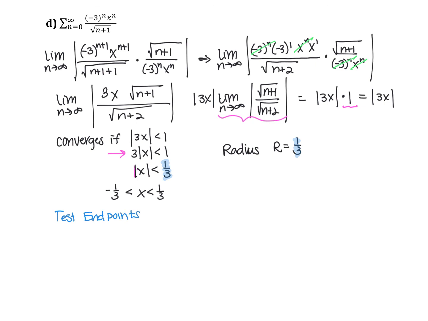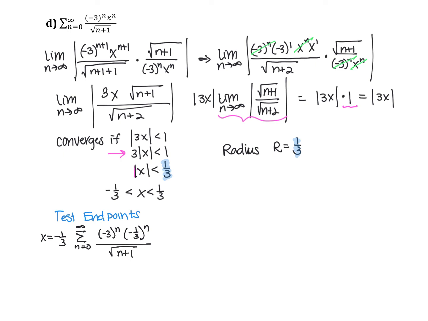So what I'm going to do is I'm going to plug in each of the x values. x equals negative 1/3 into my original problem for x. So I would get negative 3 to the n power times negative 1/3 to the n power over the square root of n plus 1.